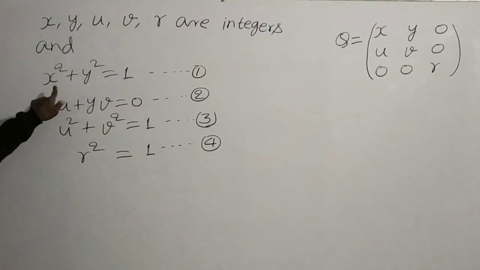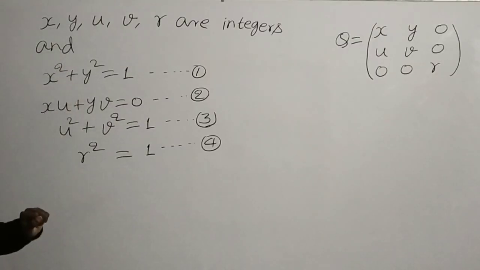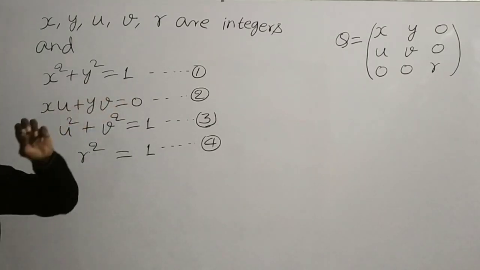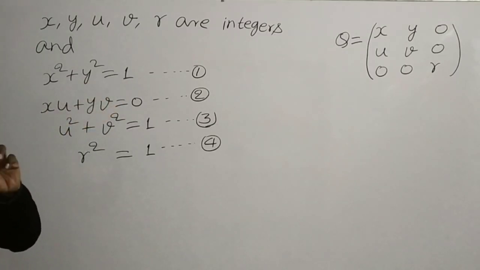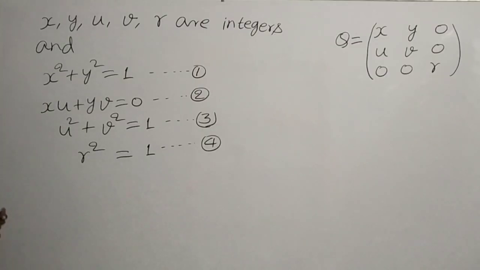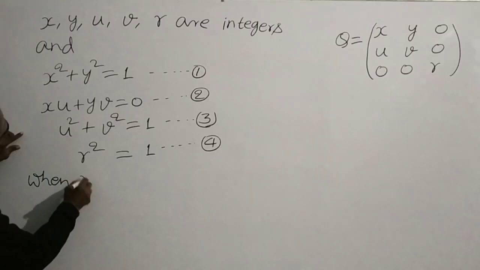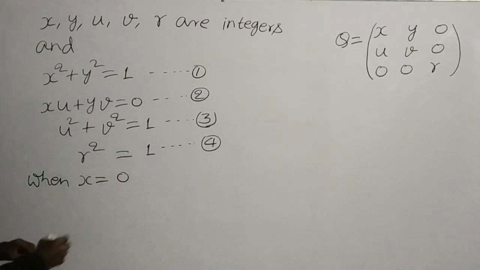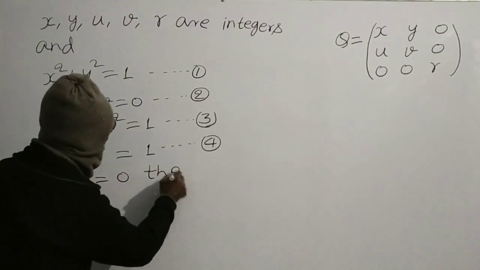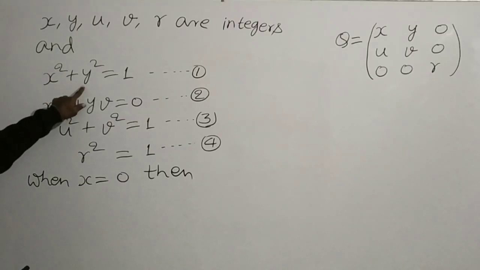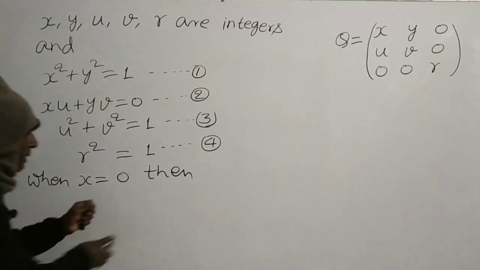We have to write integers in place of x and y, and x square plus y square must be equal to 1. Then there are only 2 possibilities. When x is equal to 0, since 0 is an integer, when we put 0 in place of x, then we get y square is equal to 1.